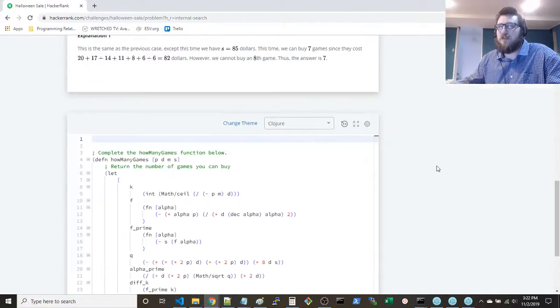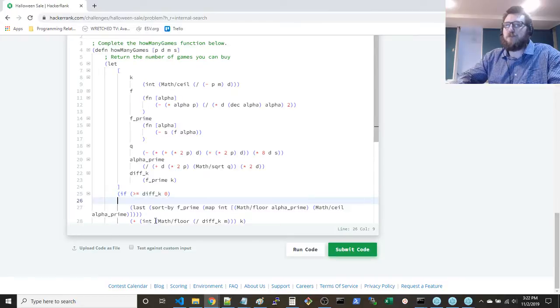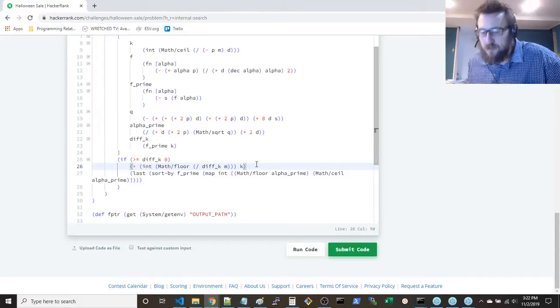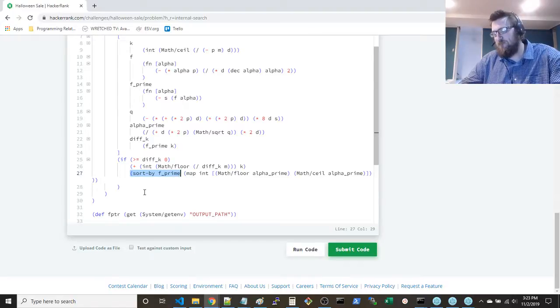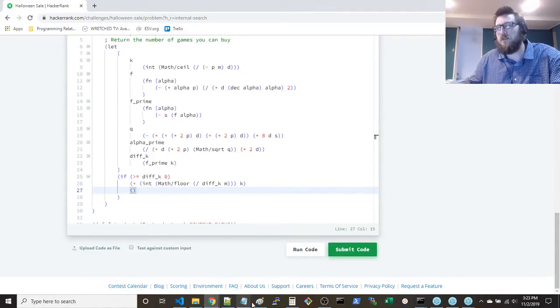Holy smokes! Talk about challenging here. So all right, we don't want to do Q. We want to do diff K. If diff K, we're going to return this guy, right? That supposes that we halt before we go too far down the curve. Otherwise, we are going to use the first, and actually it's not even the first. There's no sort by here. It's literally just Q, not Q. This calculation.